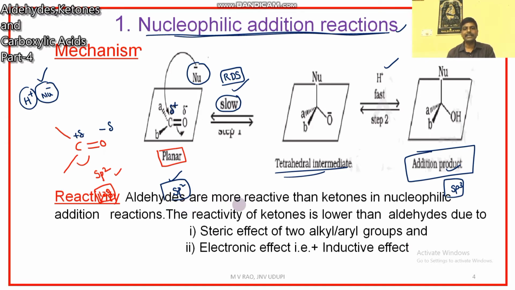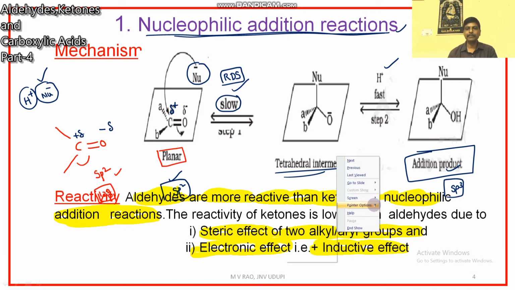Aldehydes are more reactive than ketones. This point is very important for exams. Aldehydes are more reactive than ketones towards nucleophilic addition reactions. The reason is the steric effect of two alkyl or aryl groups and the electronic effect, that is the plus I effect.